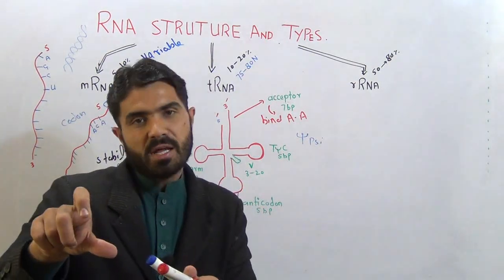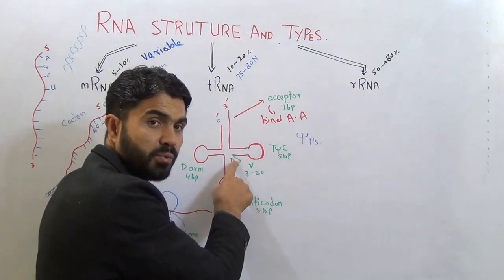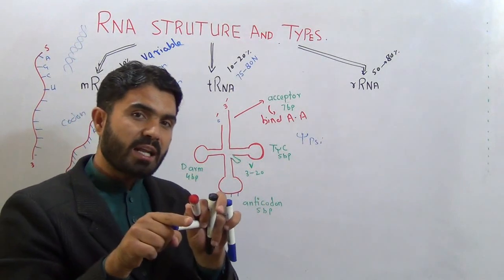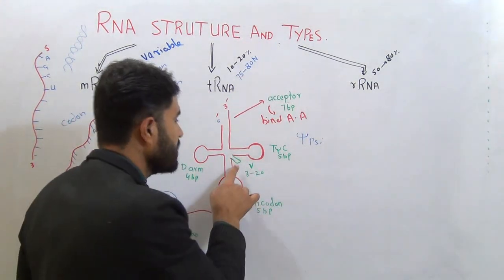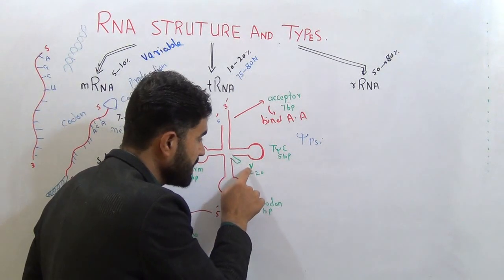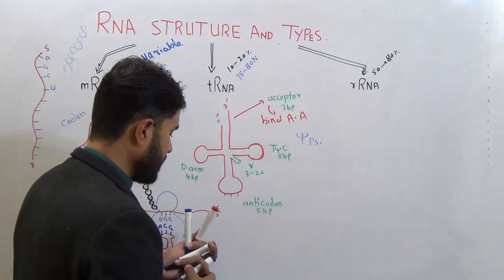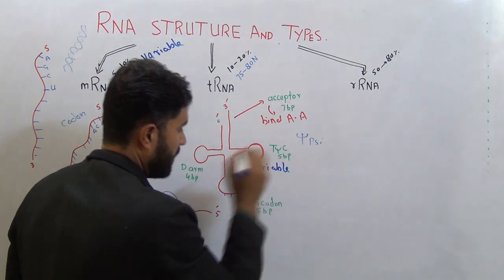So each transfer RNA will be different from the other with respect to that variable arm. So the V arm differentiates one transfer RNA from the other. I think this is also most important. V means variable arm.